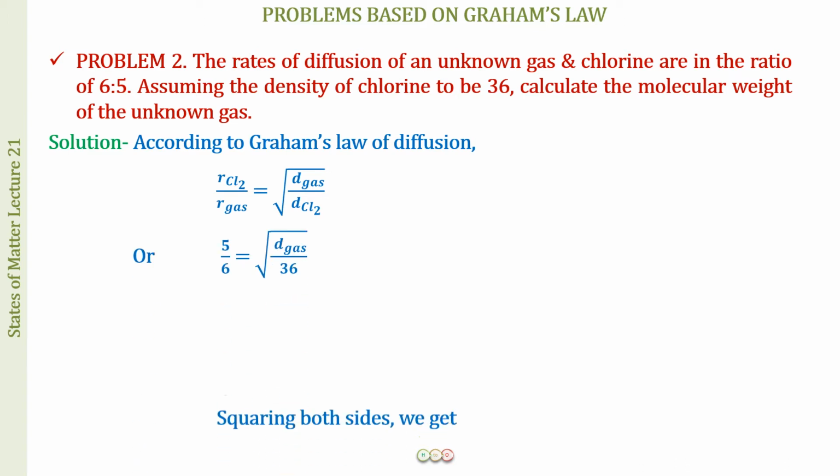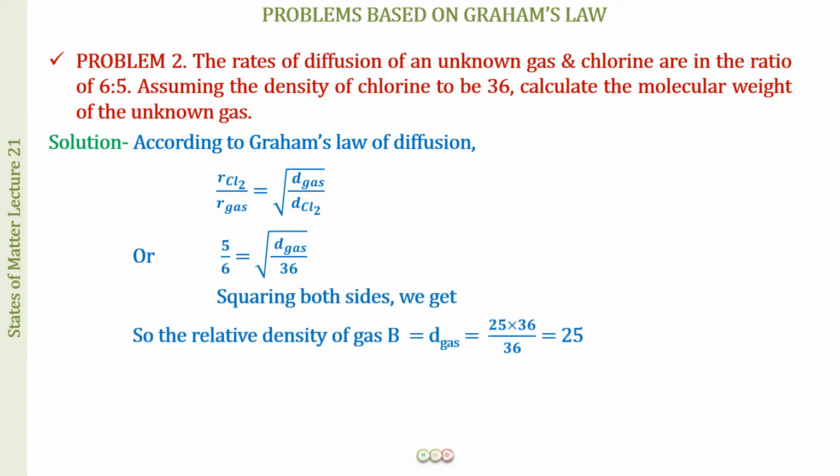So putting in the values, you will find that the density of the unknown gas comes to 25. But what you have to find is not the density of the gas, but the molecular weight of the unknown gas. From our knowledge, which we have revised well in Graham's law, since you already learned the concept in this course on some basic concepts, we know that if we multiply the vapor density of a gas by 2, we get the molecular weight of the gas.